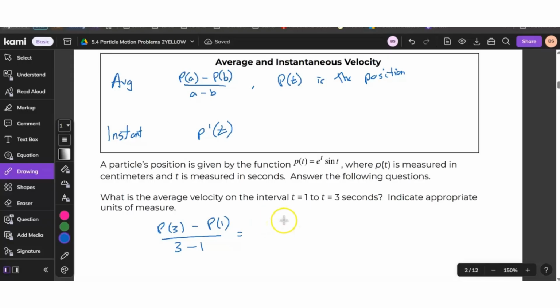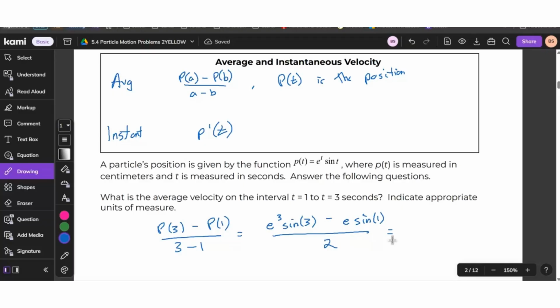Well, what's that going to be? I need to actually plug it in. So that's going to be e to the power of 3 times sine of 3. Can I do that in my head? No, right? And then e to the power of 1 times sine of 1. Can't do that one in my head either. I can do the bottom. It's 2. So then we just need to put that into our calculators, which we can do.